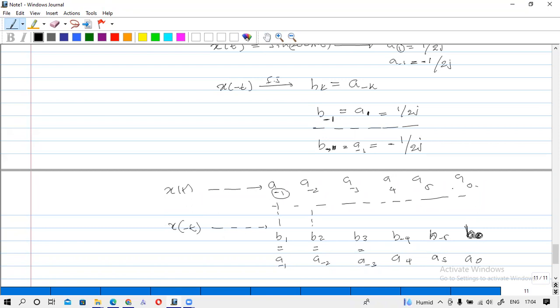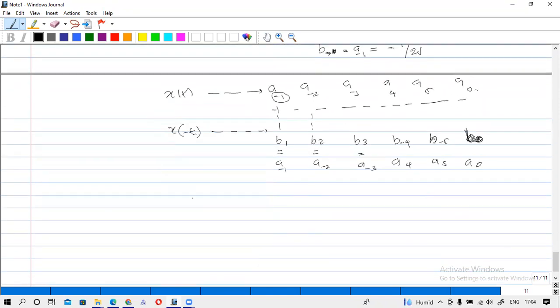So you can see that for xt we have kth harmonics. For xt, the harmonic numbers are minus 1, minus 2, minus 3, 4, 5, 6. So these are the harmonic numbers. And if you consider x minus t, what are the harmonics we have?